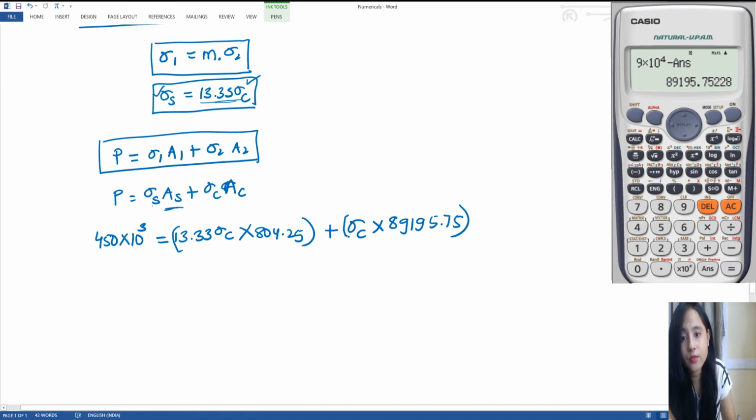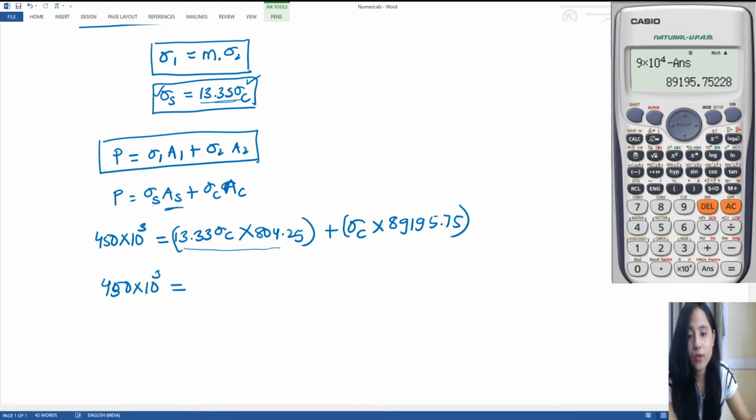Let us solve this, keeping 450 into 10 raised to power 3 as it is. Solving 13.33 into 804.25 gives 10,720.65.